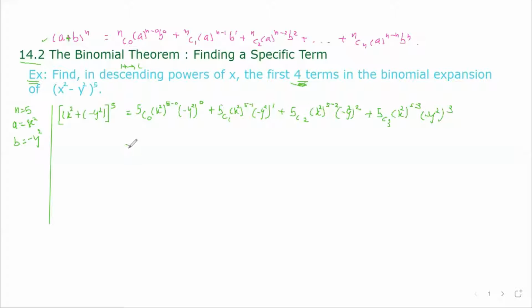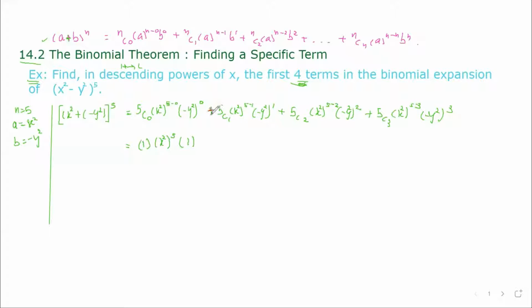So then we simplify. 5C0 is always 1, so 1 times x^2 to the power 5, which is x^10, and any base to the power 0 is always 1. Now observe again, don't forget the sign.